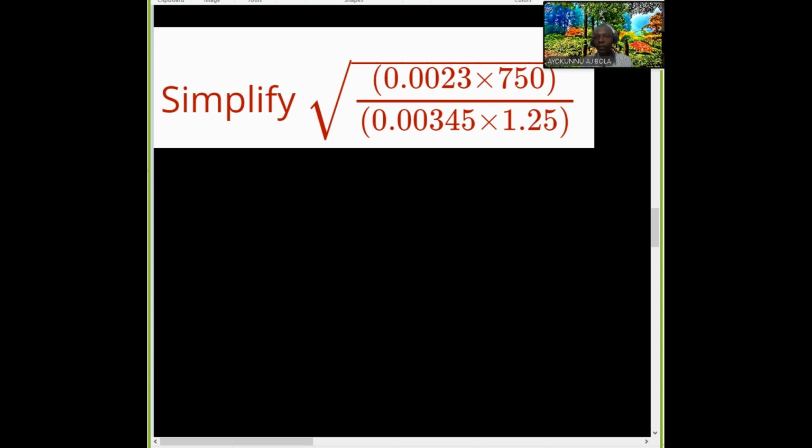Are you hearing me? Yes, sir. So if I move my point four steps to turn this to a whole number, then I can move the point four steps at the bottom also. So I have 23 at the top, 750 at the top also, then 4.5 at the bottom, and I still have 1.25, which I haven't changed.